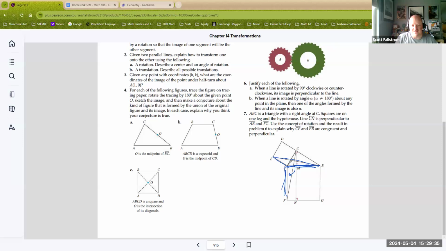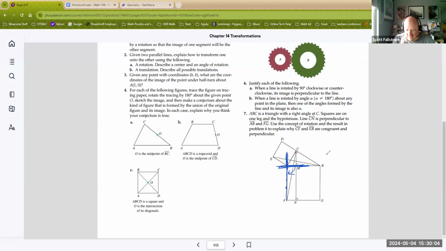And what they're saying is when you rotate it 90 degrees, the image is perpendicular to the line. So if you think of this line right here, and you rotate, and you have this line right here, you rotate 90 degrees, it's going to be perpendicular.